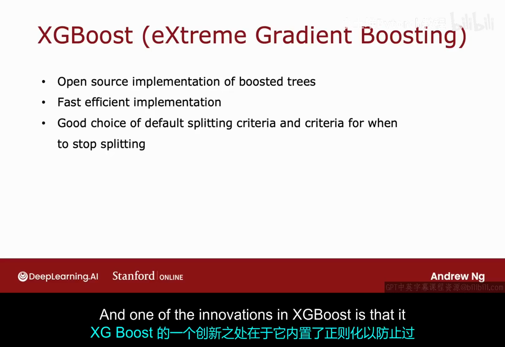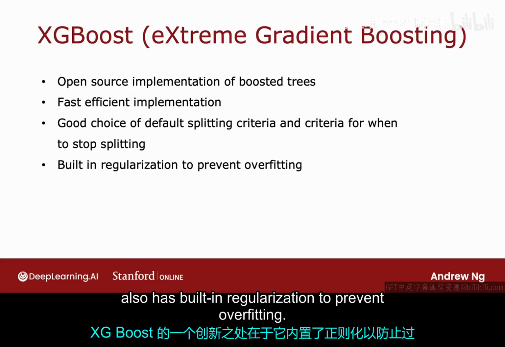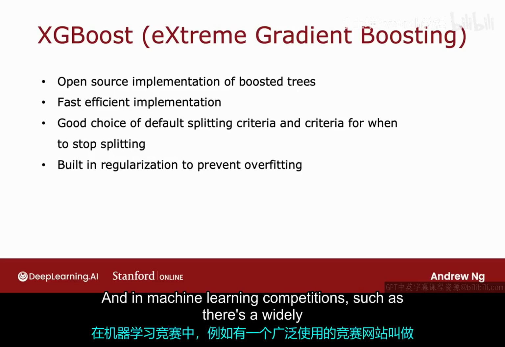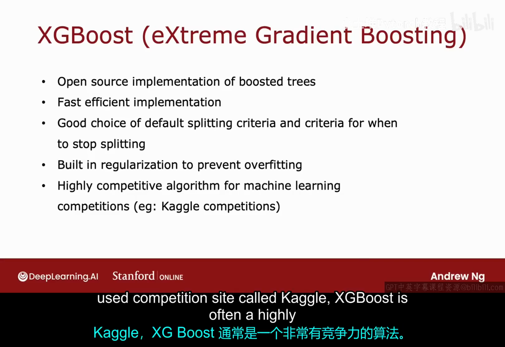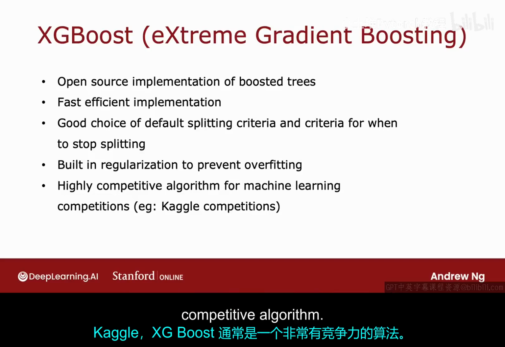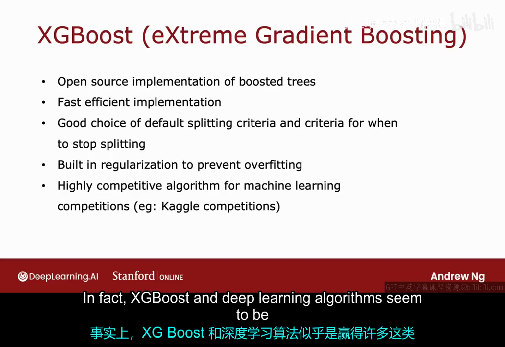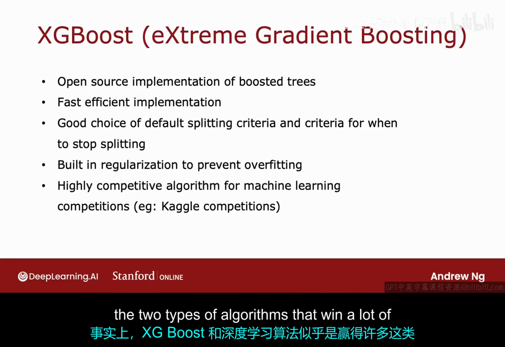And one of the innovations in XGBoost is that it also has built-in regularization to prevent overfitting. In machine learning competitions, such as on the widely used competition site Kaggle, XGBoost is often a highly competitive algorithm. In fact, XGBoost and deep learning algorithms seem to be the two types of algorithms that win a lot of these competitions.